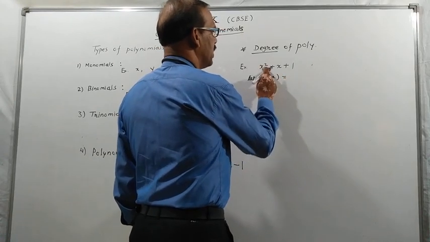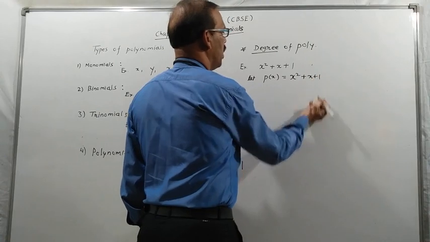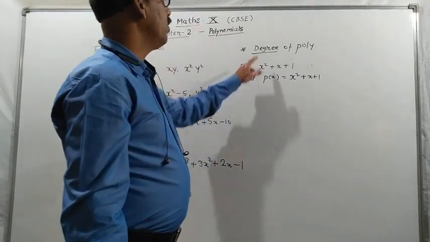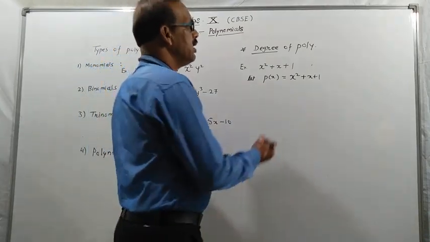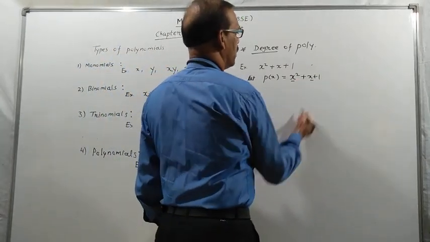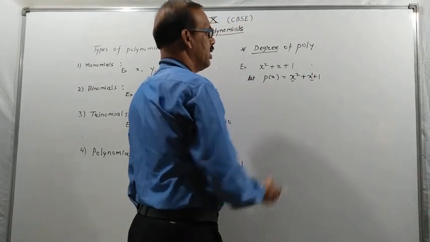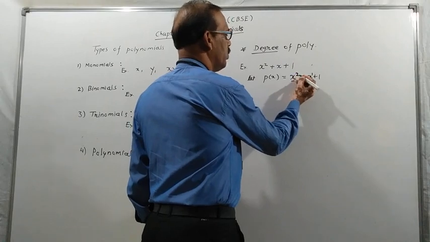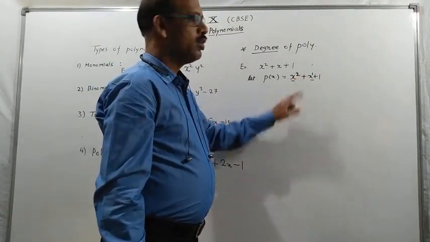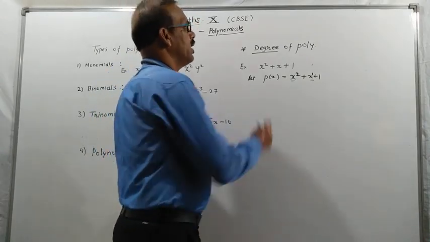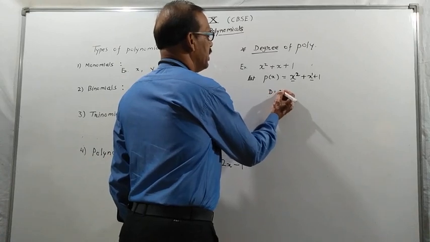Now, to find the degree of the given polynomial, first we check the highest power of the variable. Here the power is not mentioned, so we consider 1. Here the power is 2, so the highest power among 1 and 2 is 2. This highest power is called the degree of the polynomial. Therefore, we write the degree as 2.